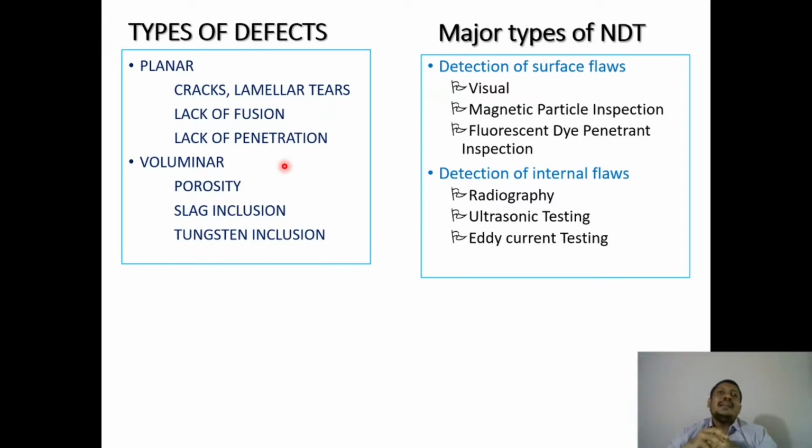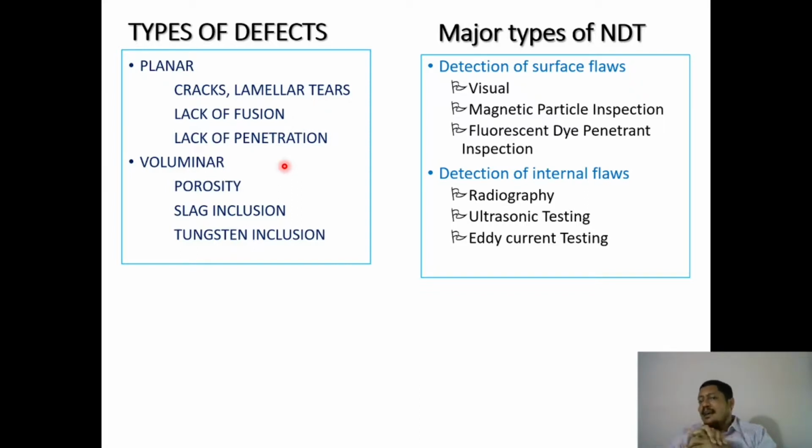Normally, in the case of a cast product or a welded product, the common testing procedure used to identify whether any surface defects or subsurface defects are present is called non-destructive testing.